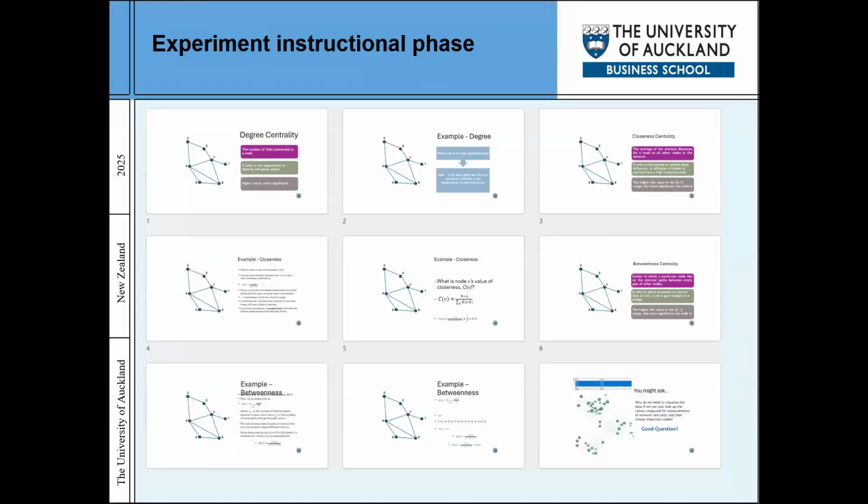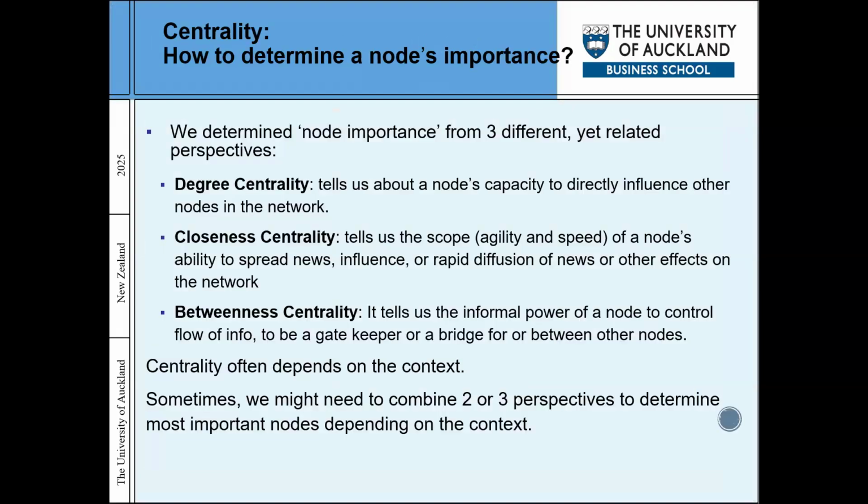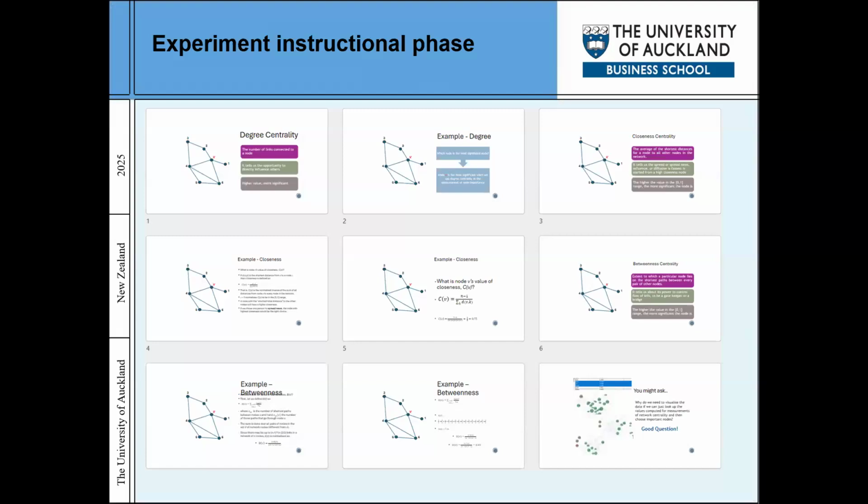Now we bring our volunteers, or we call for volunteers to experiments, and we explain this to them. This is probably the driest, hardest part to do during the experiment. They have been very kind and supportive, by the way, and we walk them through those concepts using a simple example and trying to get a flavor of the analytics, the formulas, without going into too much hassle, and reiterating the difference between the three concepts.